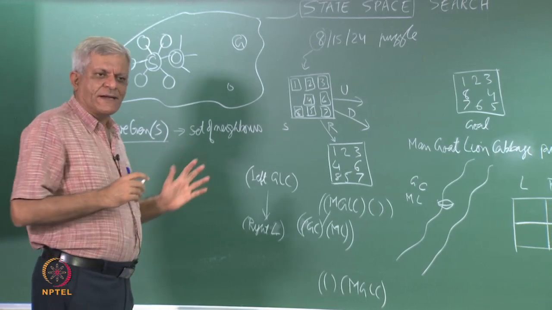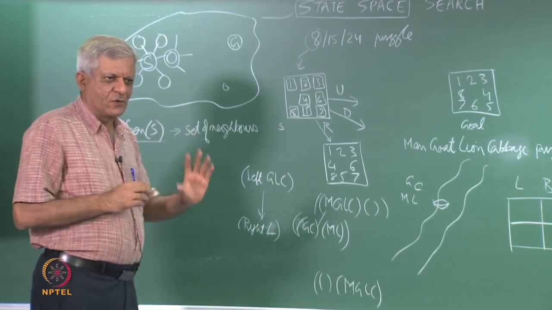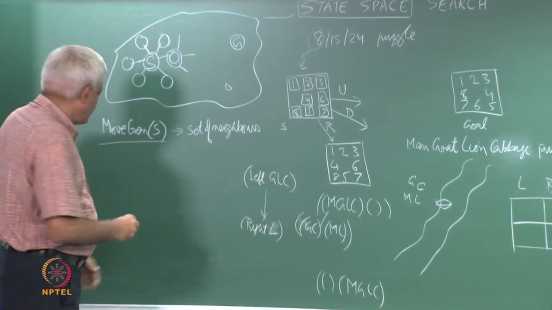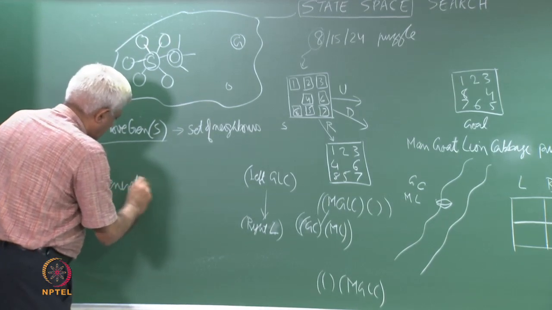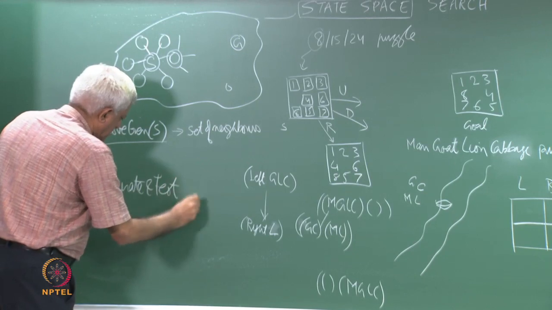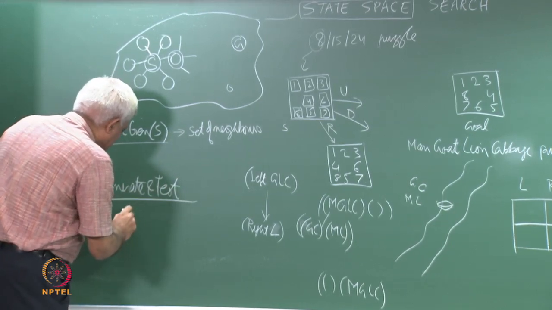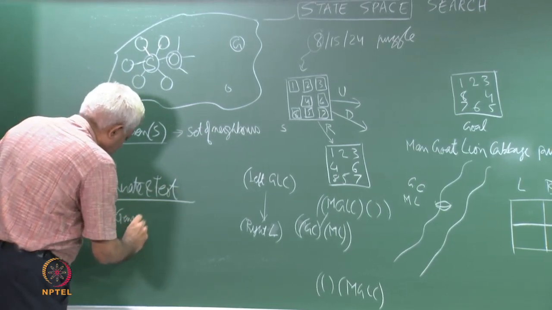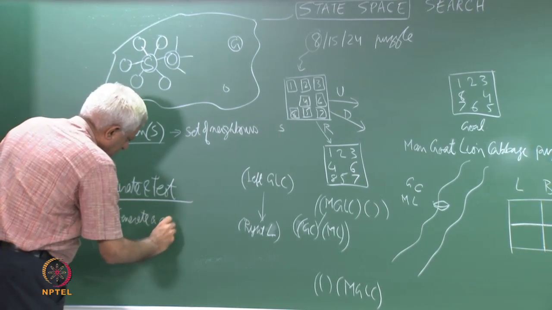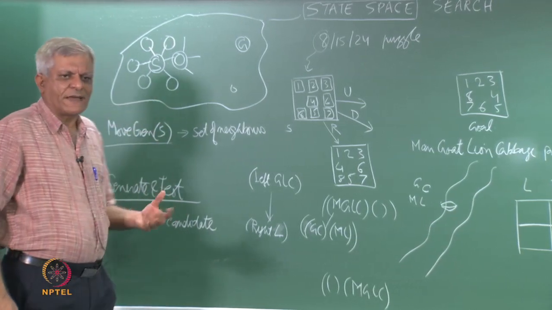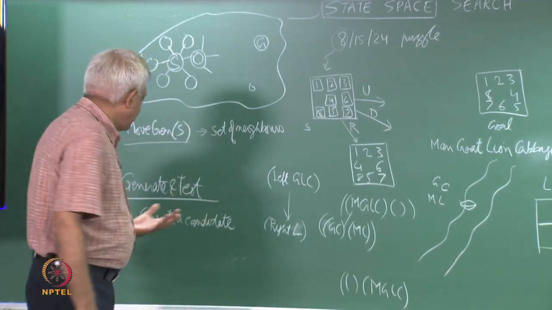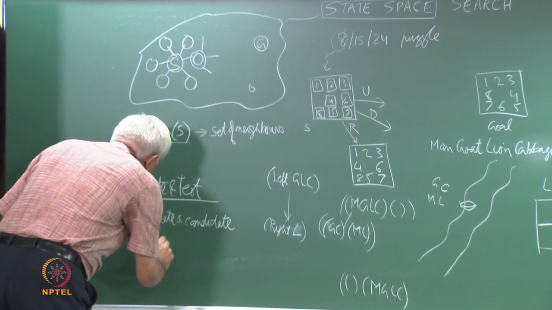So, this general strategy that we are going to follow has a generic name which is called generate and test. It says generate a candidate, and when you say candidate, we mean a candidate state, and test whether it is a solution.